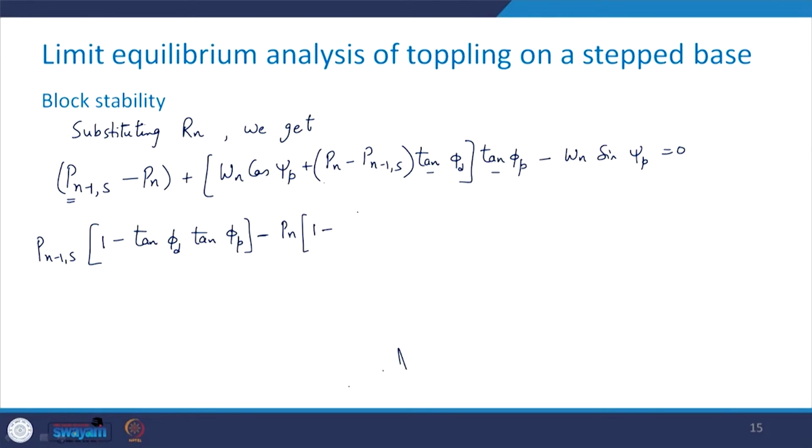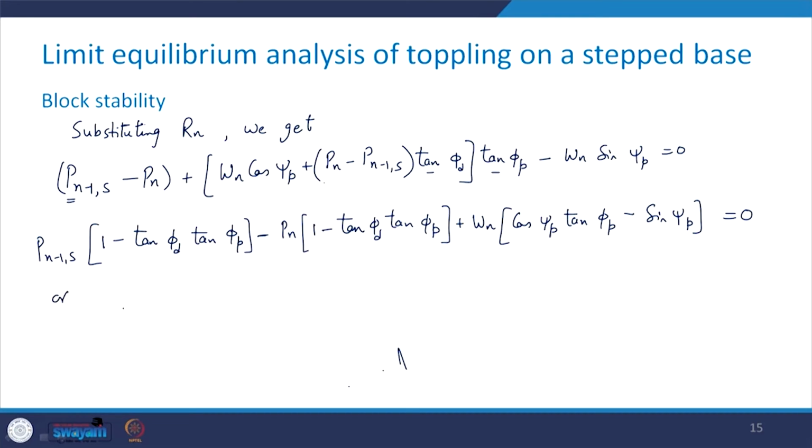So this will become minus tan of phi d tan phi p, and plus I will have Wn as cos of psi p tan phi p minus sin of psi p. That is going to be equal to 0.